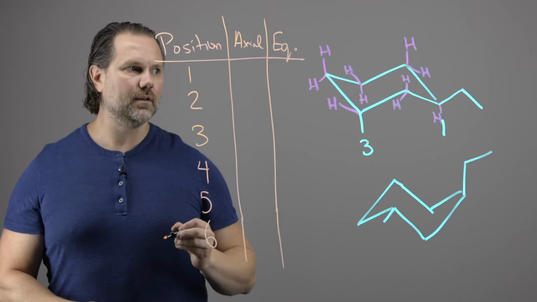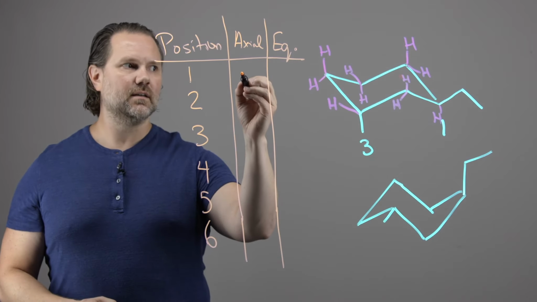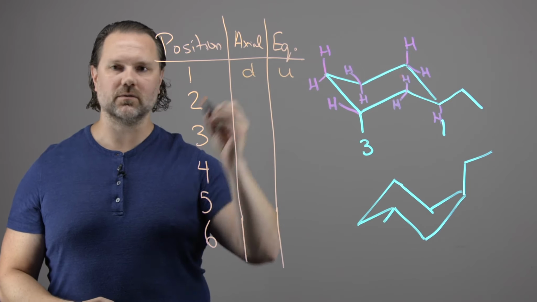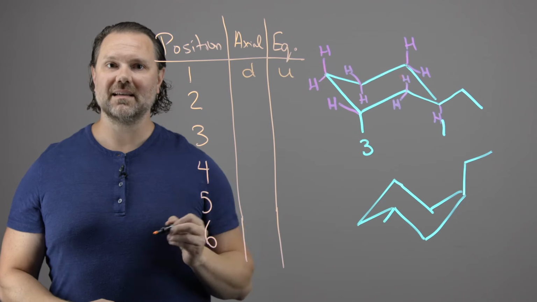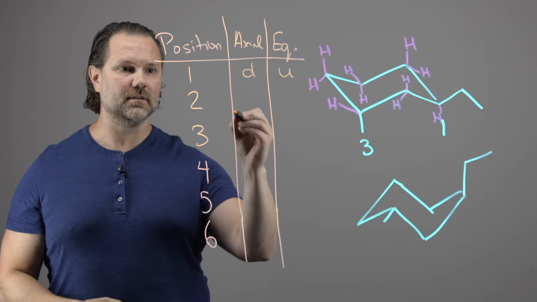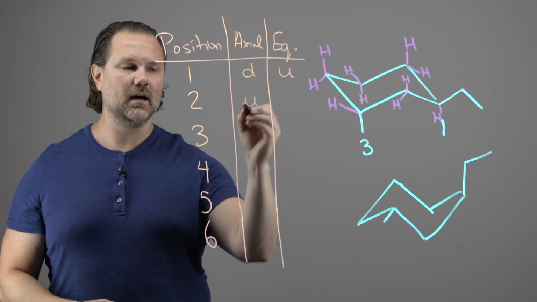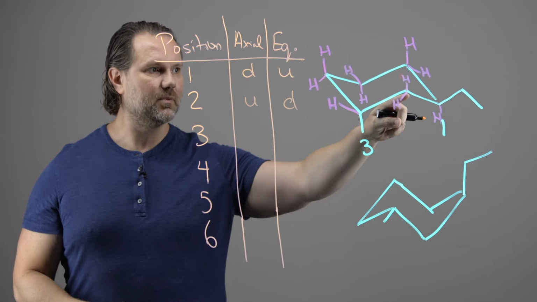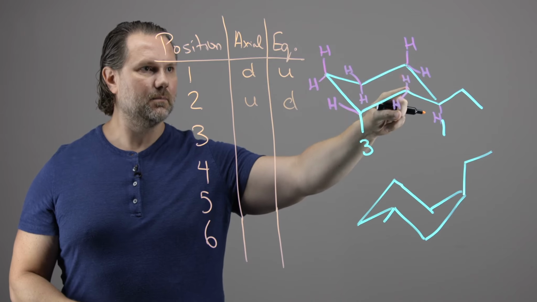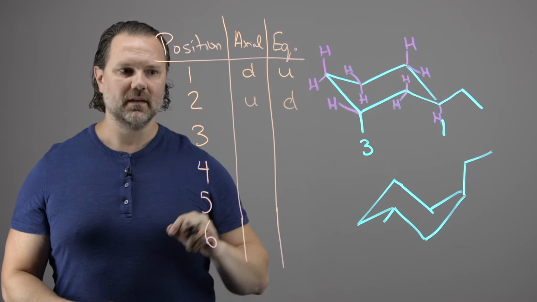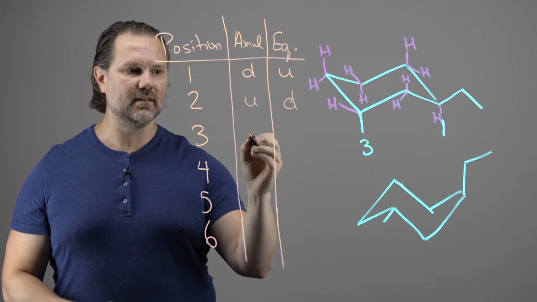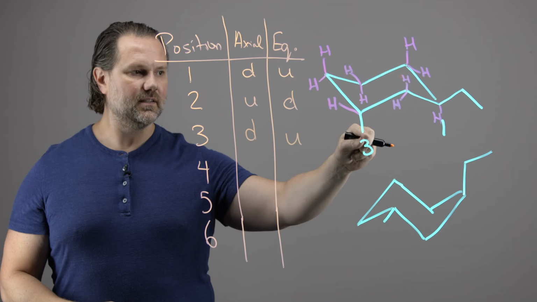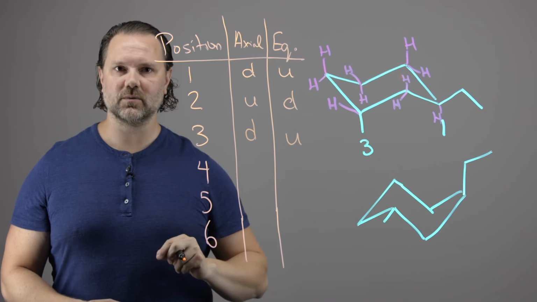If position 1 was initially an equatorial up and an axial down, then it switches at the next carbon. Position 2 would be up for the axial, down for the equatorial. At position 3, it will switch again to be down axial, up equatorial.